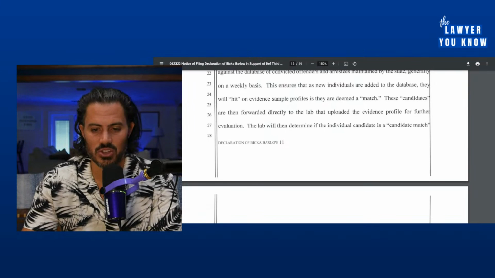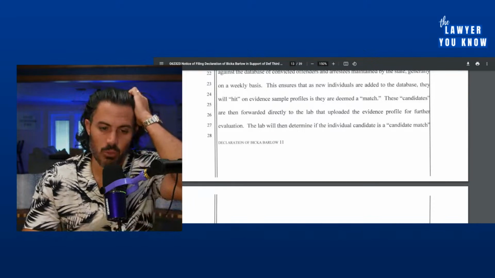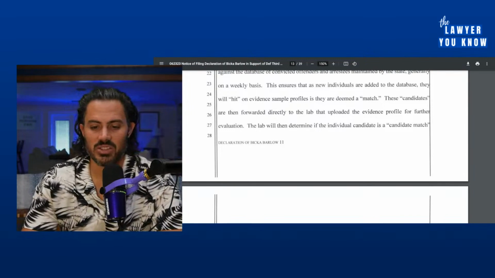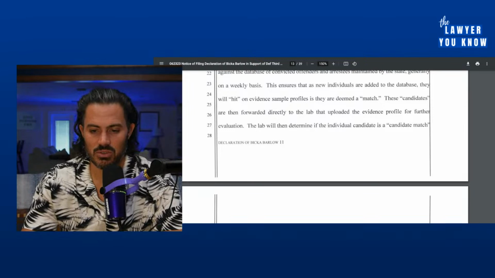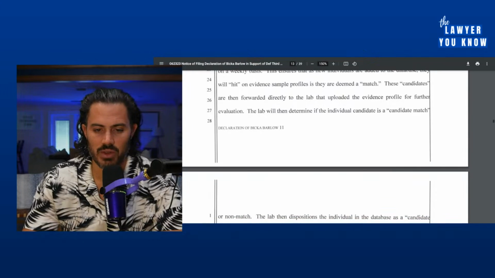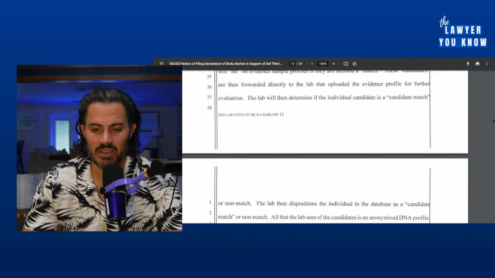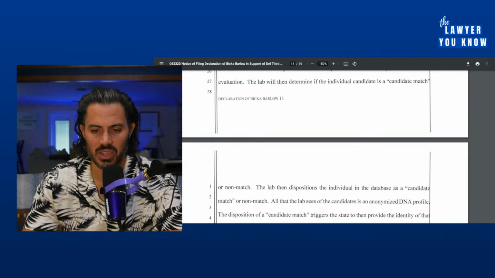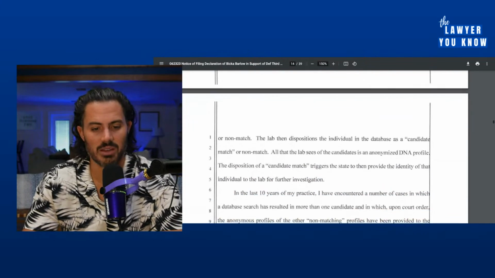This ensures that new individuals added to the database will hit on evidence sample profiles. And if they are deemed a match, these candidates are then forwarded directly to the lab that uploaded the evidence profile for further evaluation. The lab will then determine if the individual is a candidate match or a non-match.